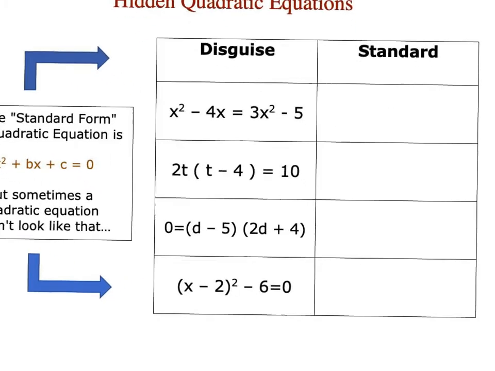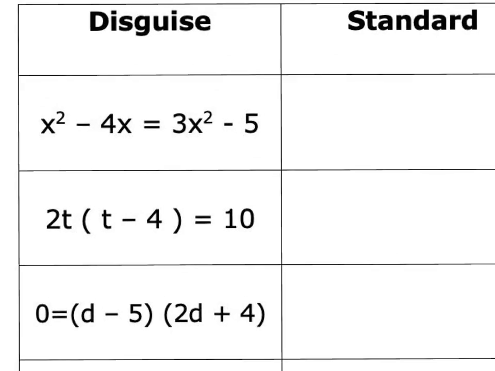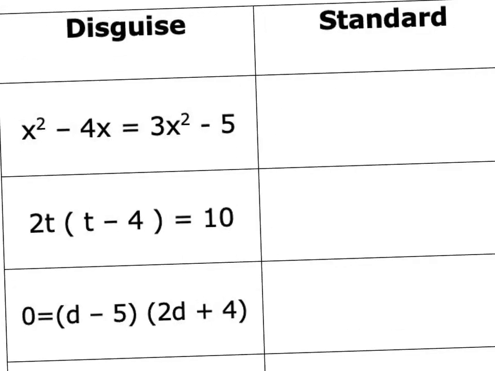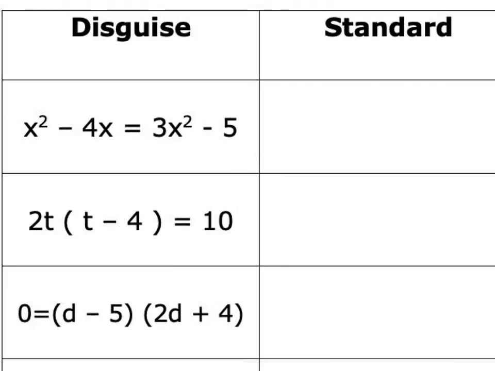So I'm going to zoom in here on this first one, and we are going to change this to standard form. I'm going to do that by subtracting x squared from both sides, and then I'm going to need to add 4x to both sides because my goal is to get 0 on the one side. So that would give me 0 here.